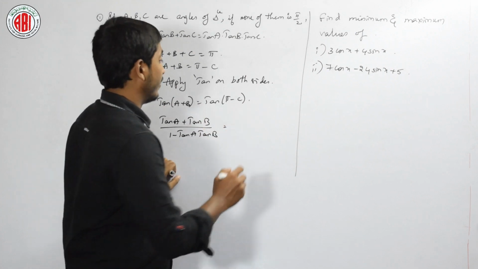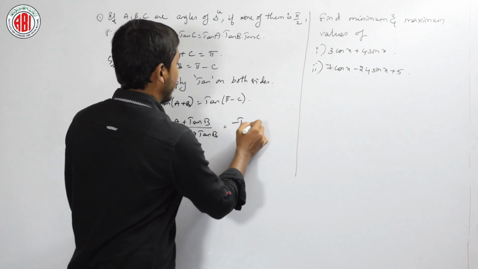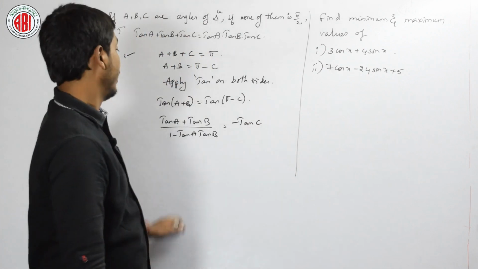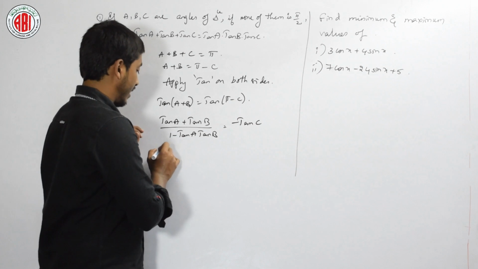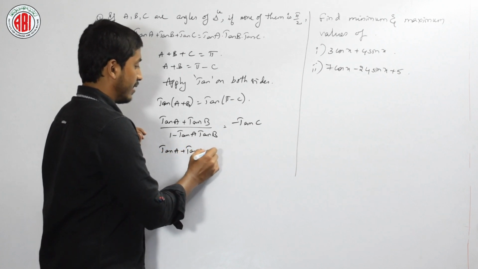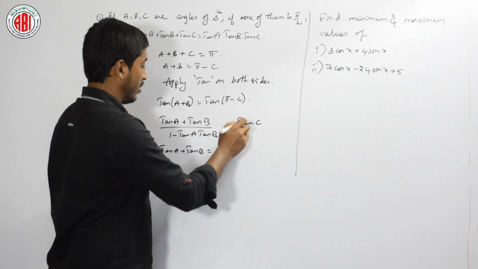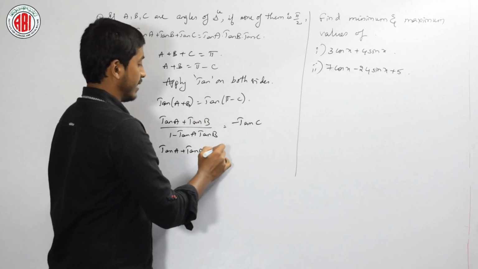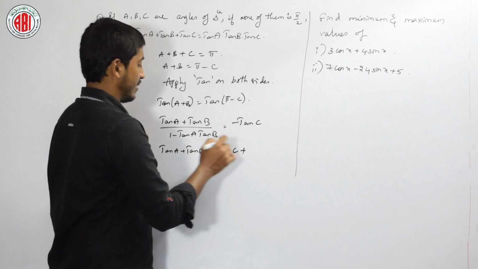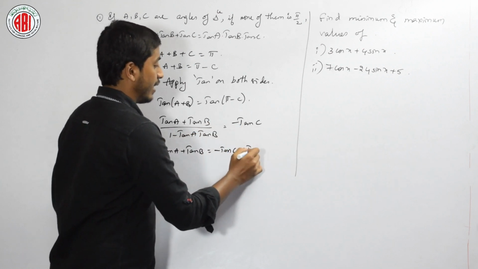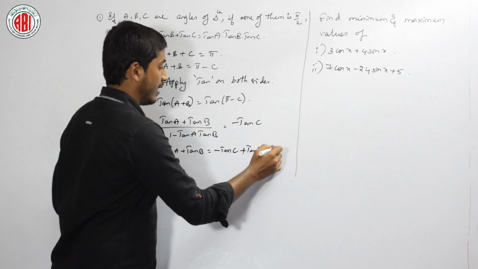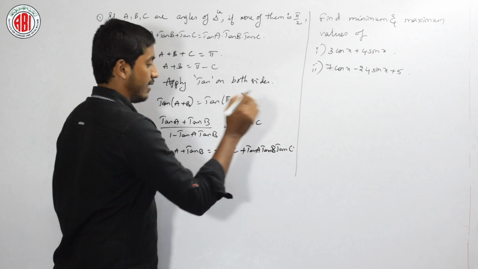Tan is negative, it will become minus tan c. Do not forget these basic things at least, right. Now, let us cross multiply, it will become tan a plus tan b is equal to, let us multiply these both, it will become 1 into minus tan c, that is minus tan c, minus into minus plus tan a tan b tan c.